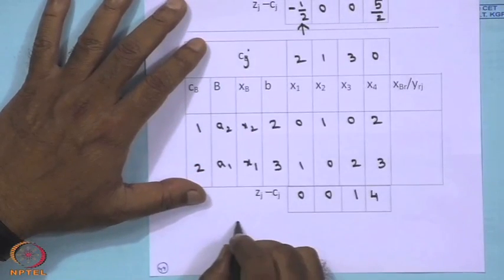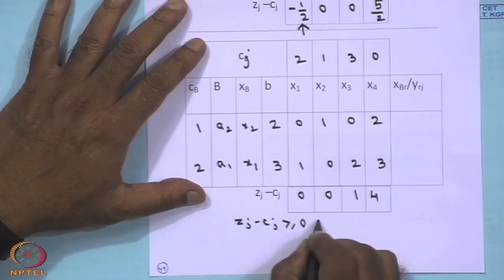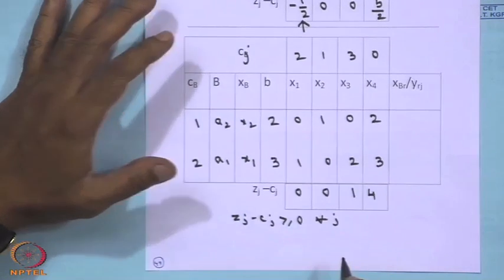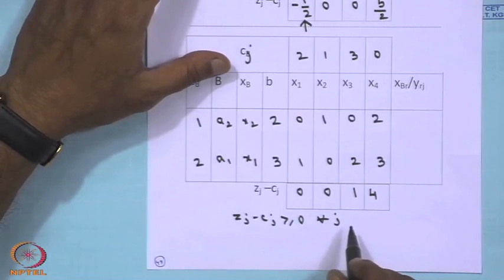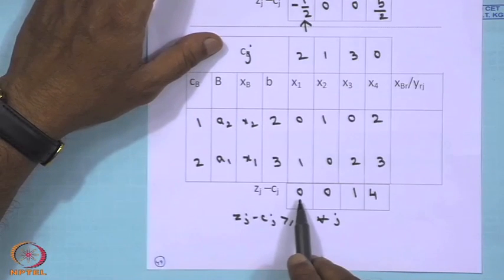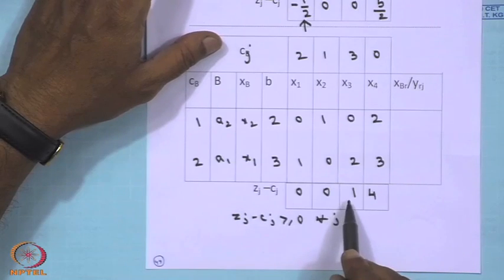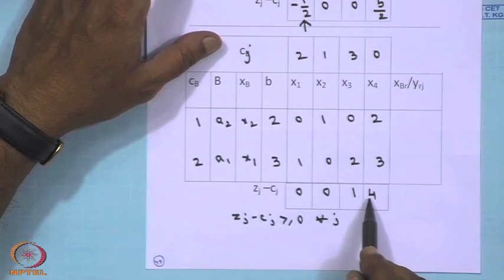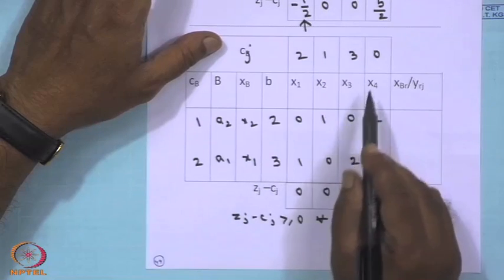So, therefore, if you see Zj minus Cj is greater than or equal to 0 for all j. So, we will stop here and we have obtained the basic feasible solution. Again note one thing, Zj minus Cj equals 0 for the basic variables here x 1 and x 2, and Zj minus Cj greater than 0, or positive, for the non-basic variables x 3 and x 4.